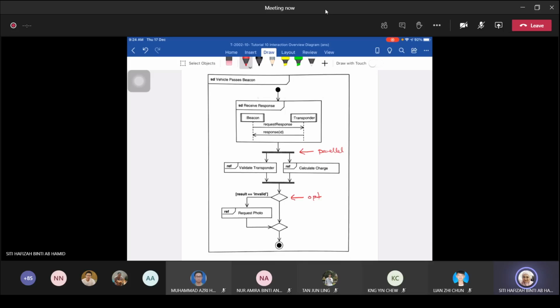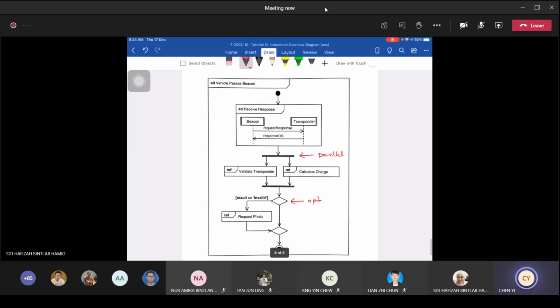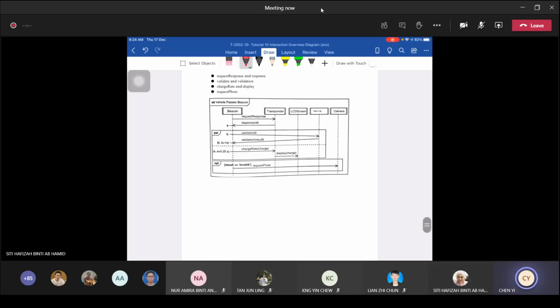Any question? Doctor, usually we don't include the reply message in the frame, right? So for this question, do we need to? Include what? The reply message, because in the recent questions, for example this received response, we need to include the response ID, but in the other questions, we do not include the reply message.